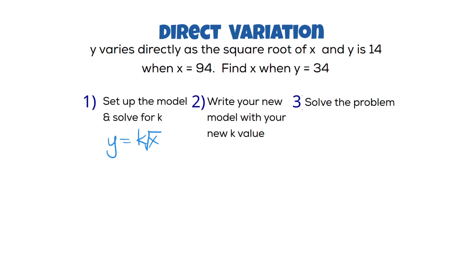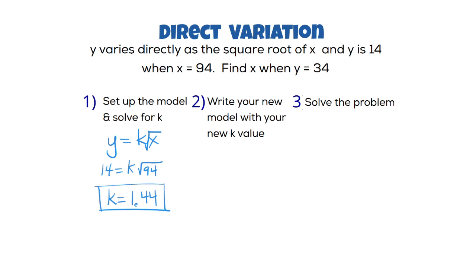Now, that's the real model. And then they tell us some values. They tell us that y is 14 when x is 94. I'm just going to plug those in, and I'm going to then solve for k. I'll just take 14 and divide it by the square root of 94. I get k to equal 1.44.